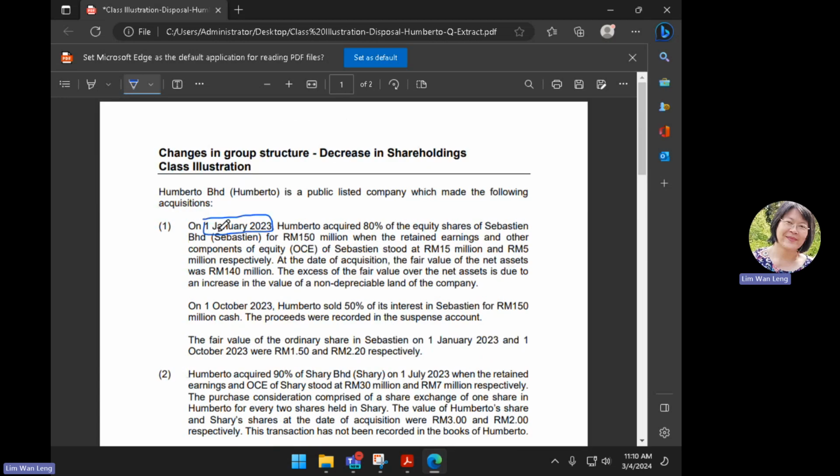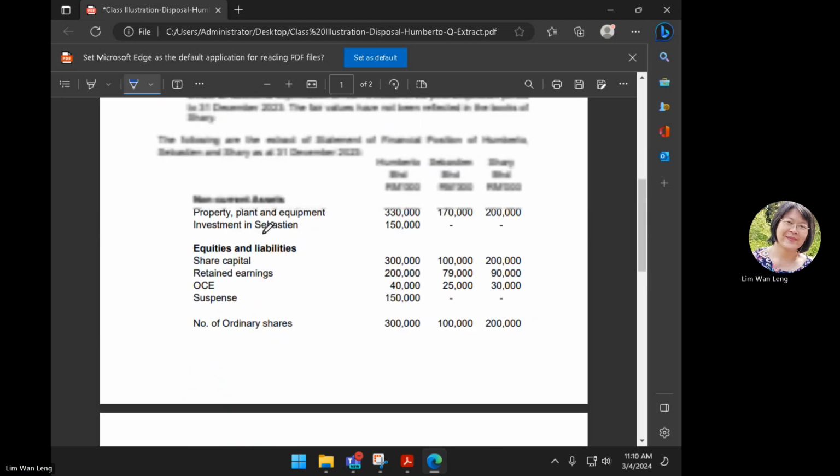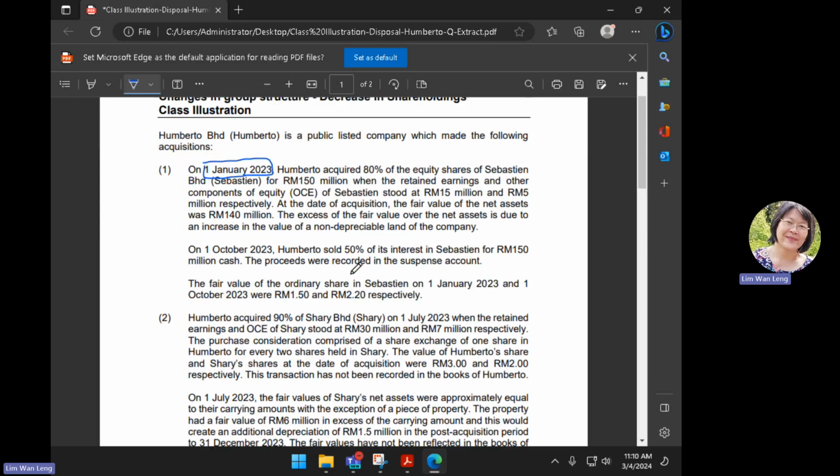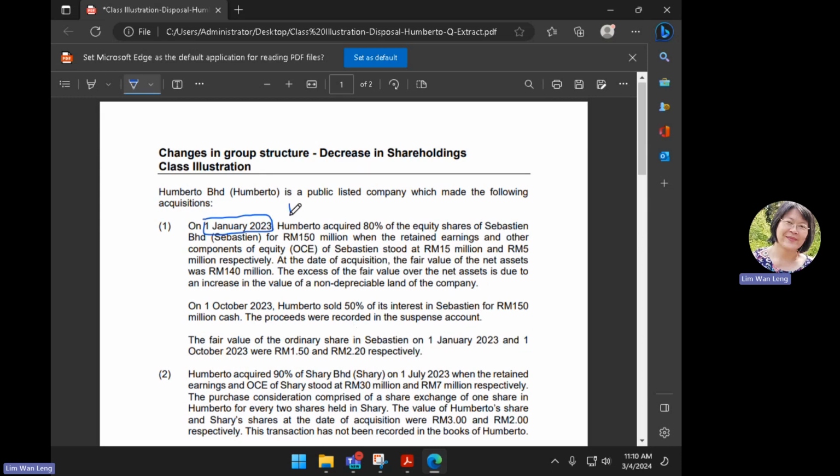This is the date of acquisition. You also need to know the date of consolidation, which is 31st December 2023. So you acquired the interest in Sebastian for only 1 full year. 80% was the acquisition, and you acquired it for 150 million. So this is your cost of investment.